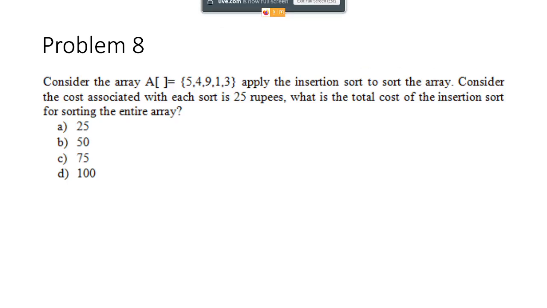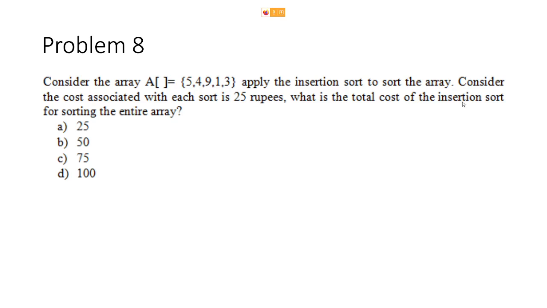Here the wording of the problem is a bit tricky because it's not very clear what the question is saying. It says to consider the cost associated with each sort is 25. So I think it means that in each iteration, if a sort was required, then the iteration will cost you 25 rupees.